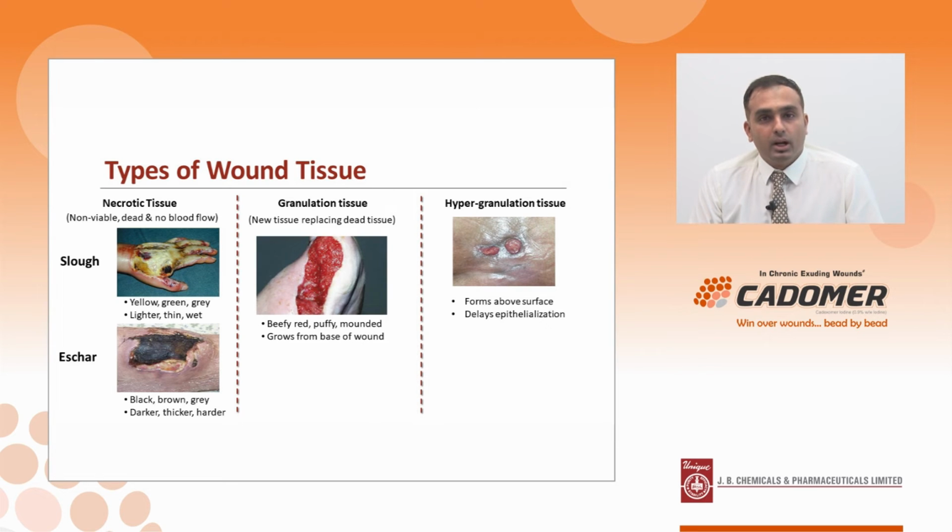To start with, types of wound tissue. There are three basic types of wound tissue, namely necrotic tissue, granulation tissue, and hypergranulation tissue. Let's understand it one by one. What is necrotic tissue? Necrotic tissue basically means it is non-viable, dead, and there is absolutely no blood flow to the tissue.